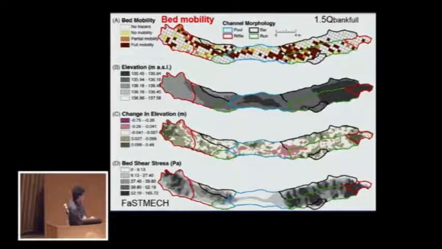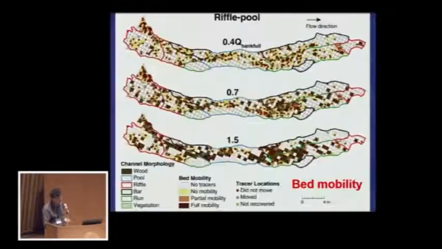And if we look at the shear stress, the highest values of shear stress are located in the middle area here, and here, which roughly fits the distribution of the mobility of the material within the channel. This is on the scale of the riffle-pool that we dealt with. When we worked on the cell scale, we couldn't find any significant correlation, which shows the stochastic nature of the sediment mobility.